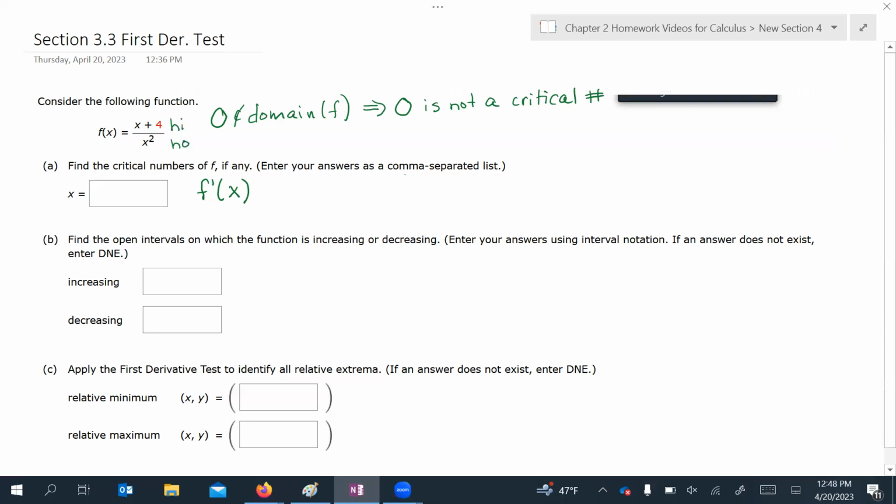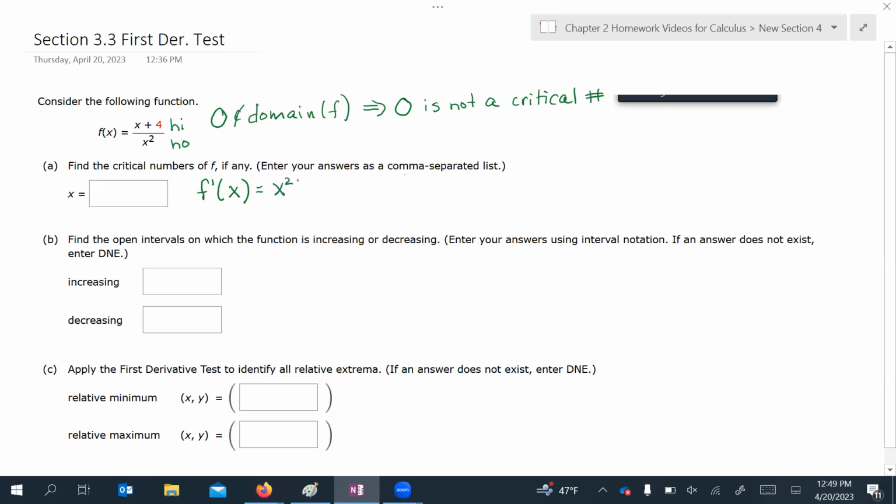You may find the derivative using a variation of the product rule, bringing that x squared up top. You may just use the quotient rule as it's defined. Whichever way you use to find the derivative of f, go ahead and do that. Like I said, I'm going to use a mnemonic device of hi-ho for the quotient rule. So it's not the quotient rule itself, but it's a mnemonic device that helps me to remember the quotient rule that I teach in my class.